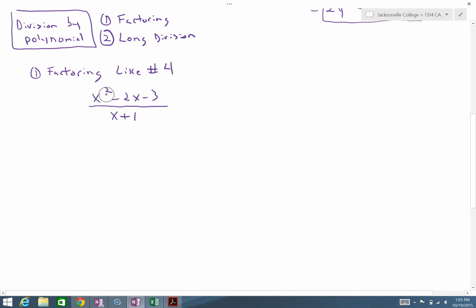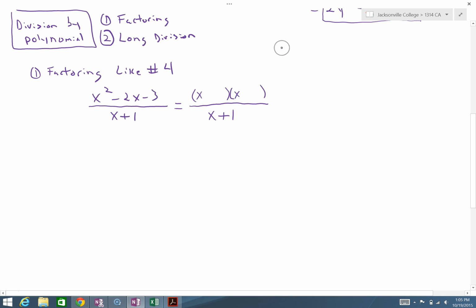In this case, we have a polynomial with 3 terms in the numerator and a polynomial with 2 terms in the denominator. So what I'll look to do is factor this numerator. Well, it is a trinomial, so we can use our big X method. But one thing that you need to be on the lookout for is we're going to have 2 factors up here, and one of them is going to be this x plus 1. So use that as a clue.